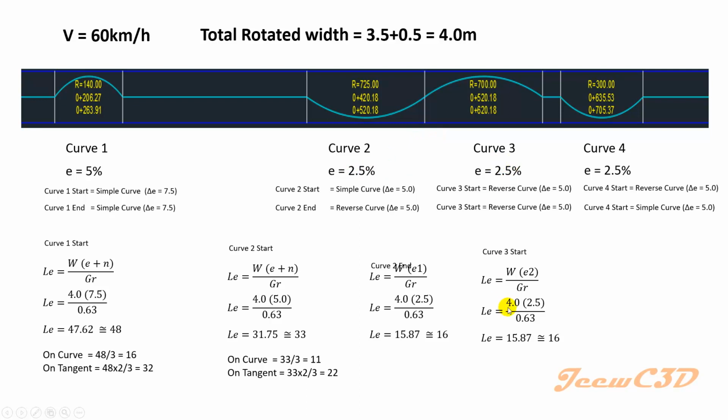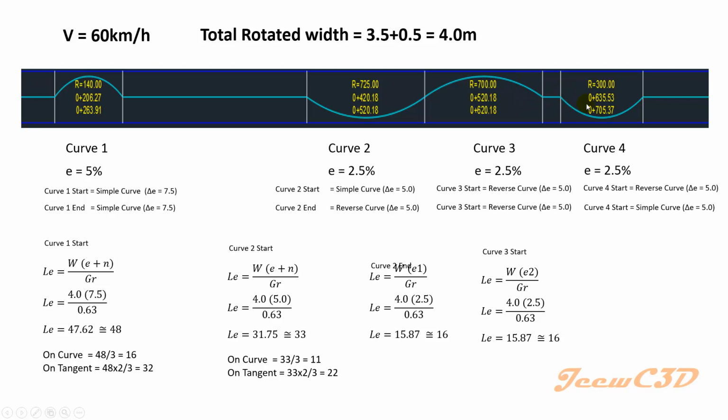Again, you have another reverse curve here, curve 3 end and curve 4 start. You can calculate this on your own and see what values you get. Curve 3 end would be a reverse curve with a short tangent, and curve 4 start will also be a reverse curve with a short tangent.